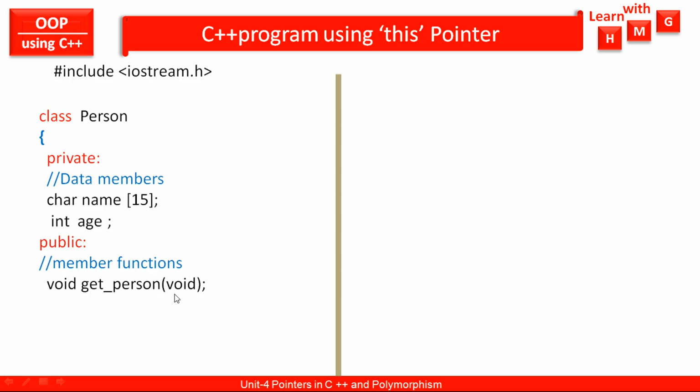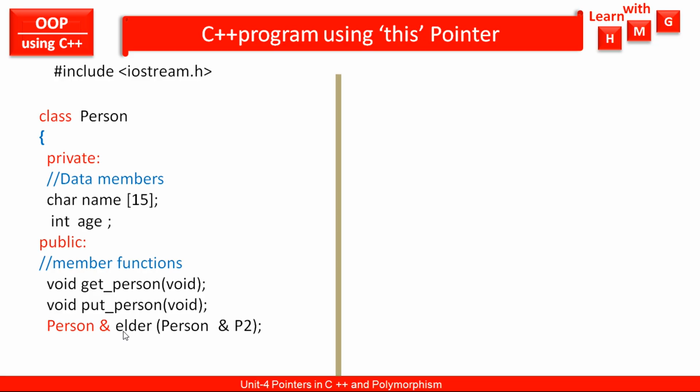This member function does not accept any argument, hence argument is void, and it also does not return any value, hence the return type is also void. Second member function is putperson, which will display the name and age of person. It also does not accept any argument, hence the argument is void, and does not return any value, hence the return type is void.